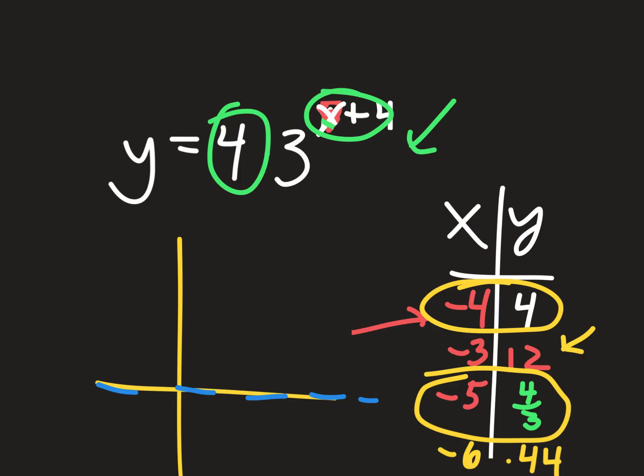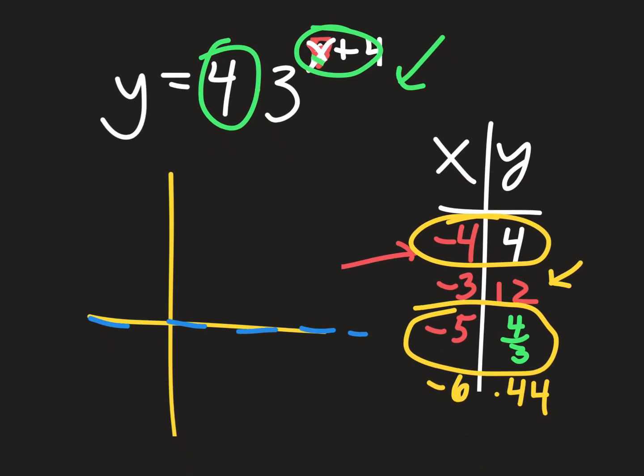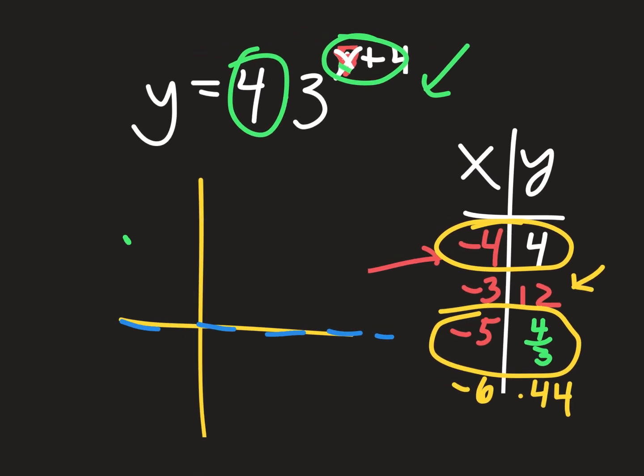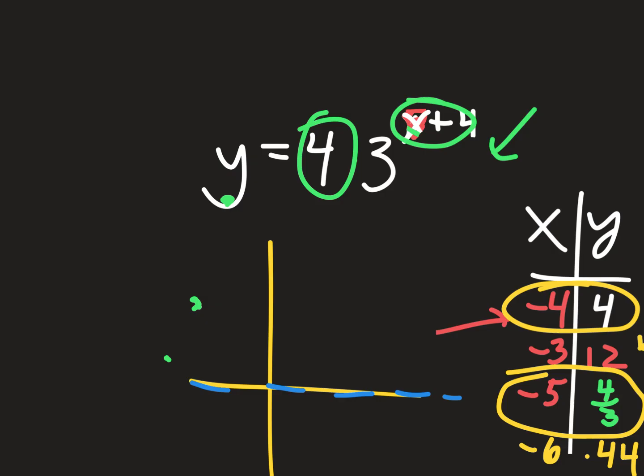All right, so the asymptote's still here, and I graph these points: -4, 4, and -3, 12, and -5, 4/3. This has got a slight curve to it, and it's curving that way, and it's not going to touch the asymptote. So there we go. Boy, it seems like it's moved way to the left.